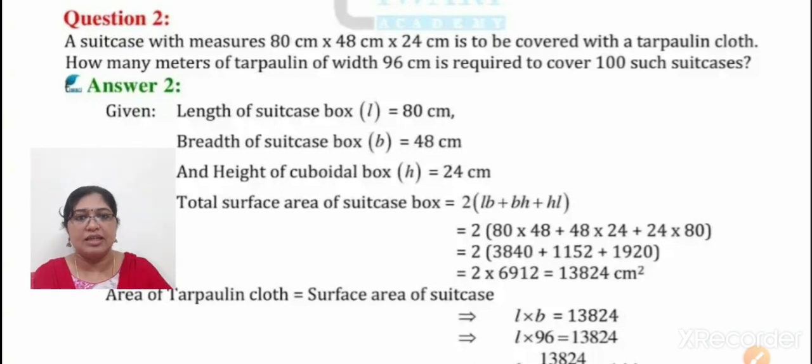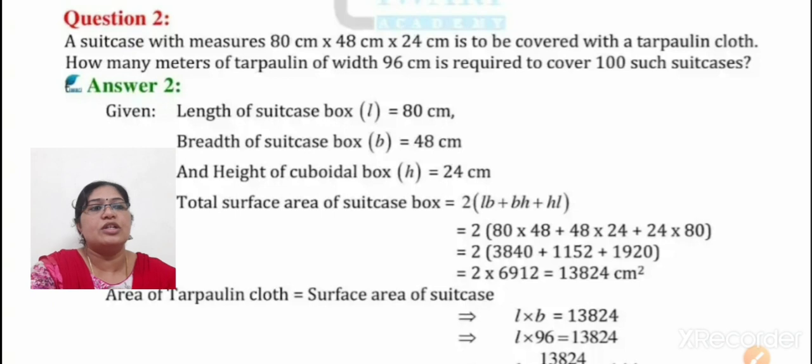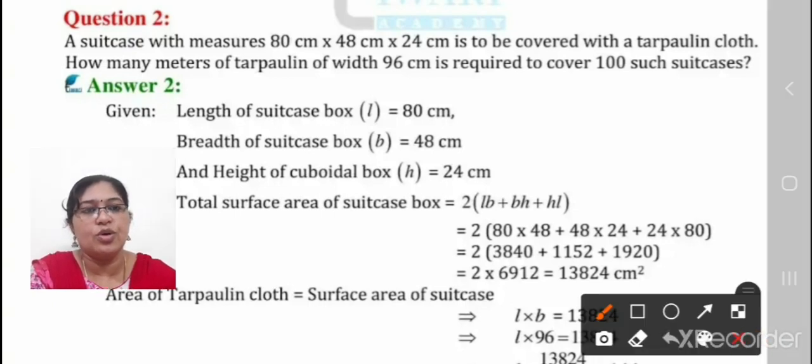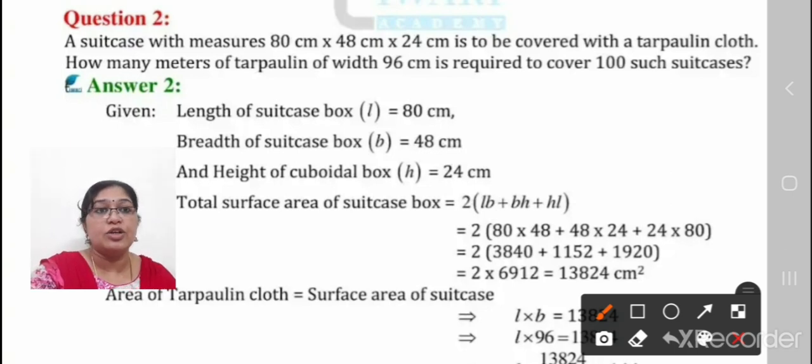Okay, now let us see the solution. So length of the suitcase box is equal to 80 centimeter. Breadth is equal to 48 centimeter and height is equal to 24 centimeter. You know the total surface area of the cuboid is equal to 2 into LB plus BH plus HL. Suitcase is in the shape of a cuboid.